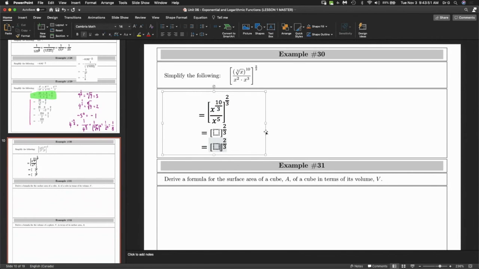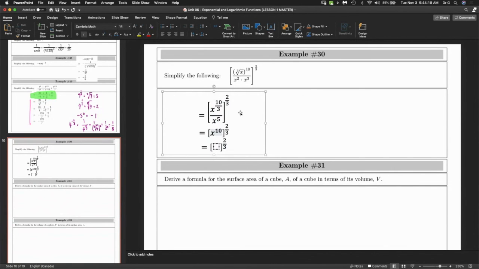Now, what do you do to the 10, this guy here? What do you do to these exponents? Do you add, subtract, multiply, or divide the exponents? Do you remember what you do there? Yes, thank you, Jai. Well, look here, right?